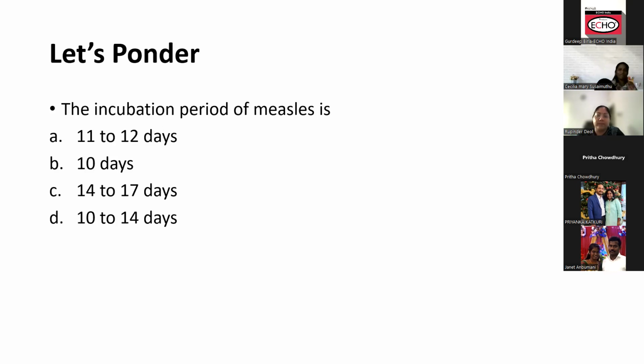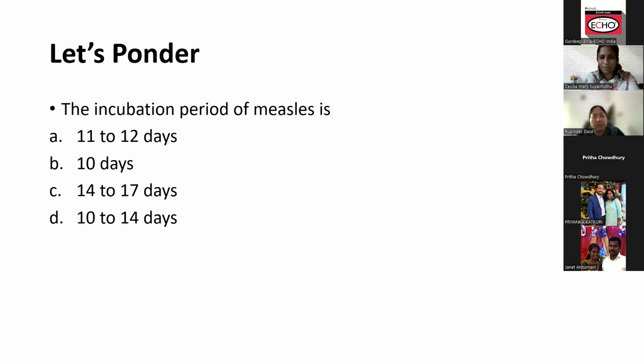Next one. The incubation period of measles is: 11 to 12 days, 10 days, 14 to 17 days, 10 to 14 days. Now tell me. Ma'am, the options are overlapping, like 10 to 12 and 10 to 14. We'll discuss.